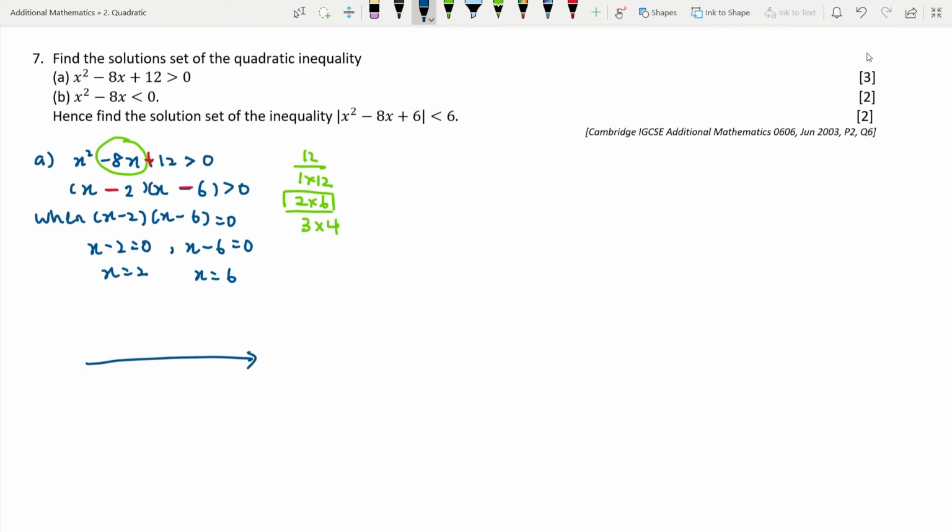Our a value is 1, which is greater than 0, hence this curve is a smiling curve, and it cuts through the x-axis at 2 and 6. We are looking at the area which is greater than 0, which means above the x-axis. Hence, the range of values of x is x less than 2, x greater than 6.